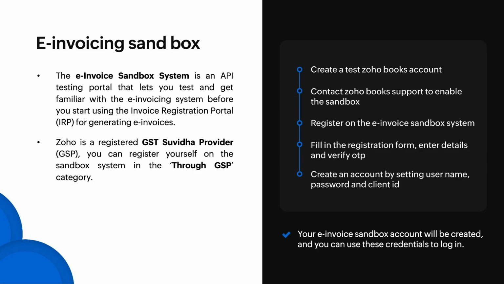Once the account is created, you will set up a username, password and client ID. With these details, that is the username and password, we will connect it in Zoho Books also. So the e-invoicing sandbox environment is now created. You can try creating invoices, push them to the portal, cancel the invoices and get familiar with the process.